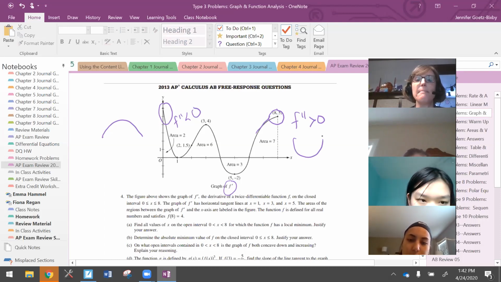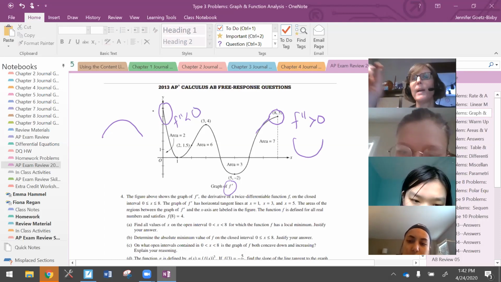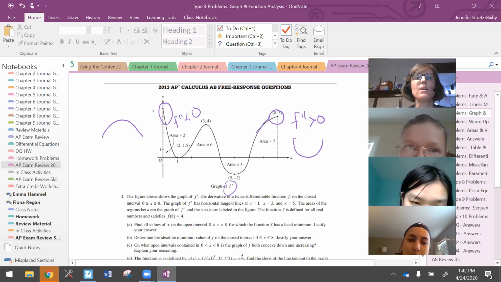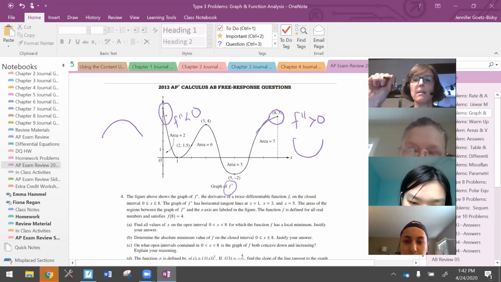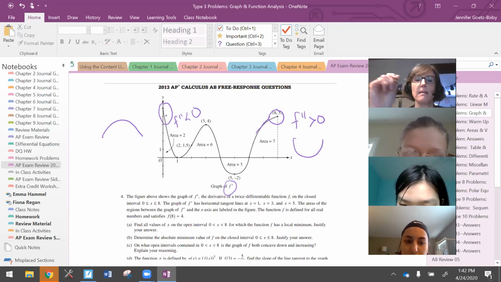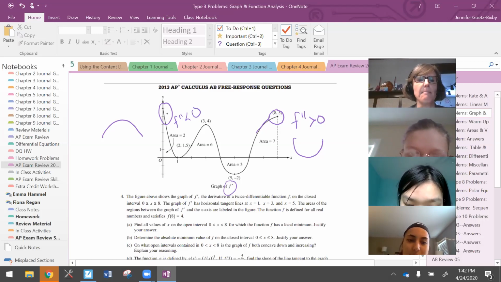Okay, so that means that the extreme point that I might have at x equals 0, is that going to be a max or a min? Min. Oh, at x equals 0? Max. Yeah, max.